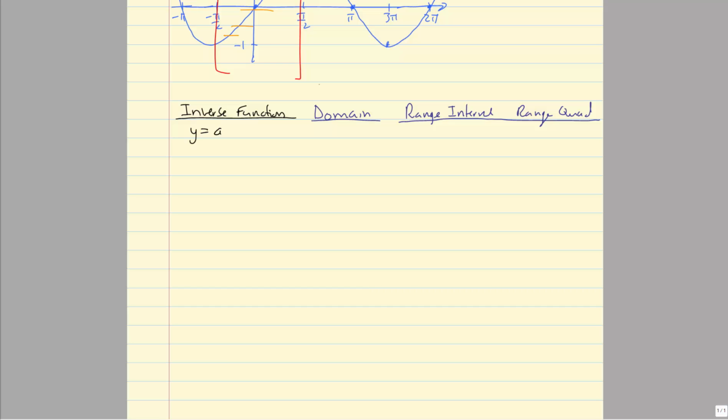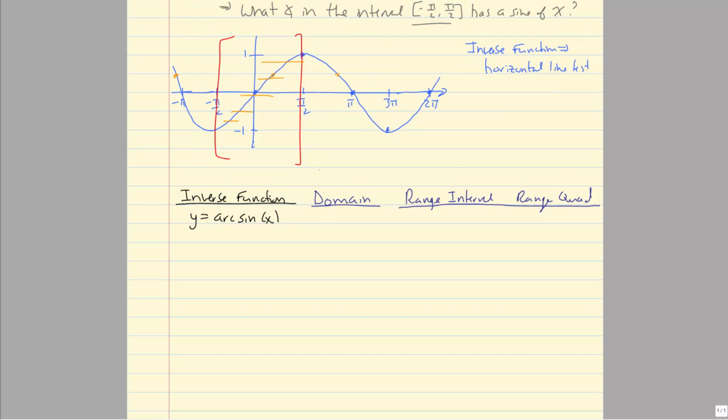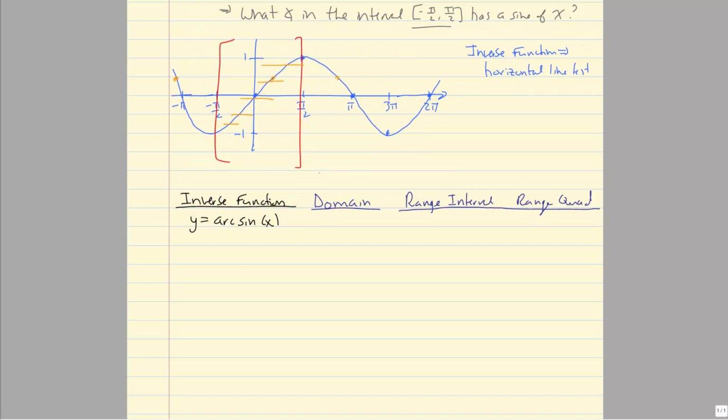And I'm going to call this arc sine, but remember, you could write it as inverse sine as well. So if we think about the picture that we just drew up here, this graph, the domain would be our x values. But this is not the inverse sine, this is just the sine. What happens is the domain and the range swap. So the range of this graph goes from negative 1 to positive 1, and that becomes the domain of the inverse. So the domain here is negative 1 to 1.